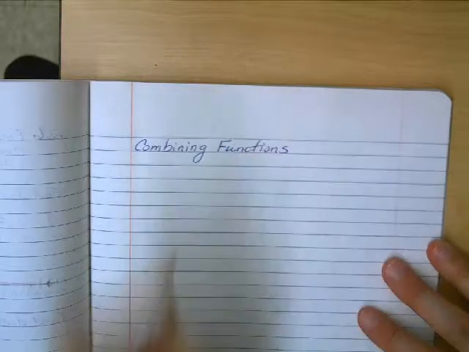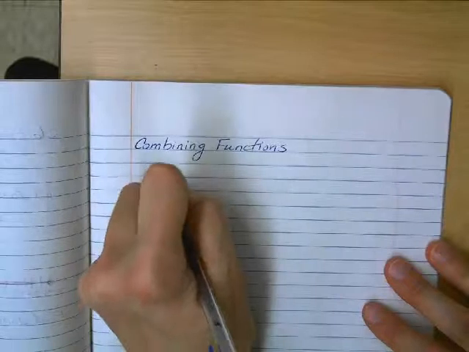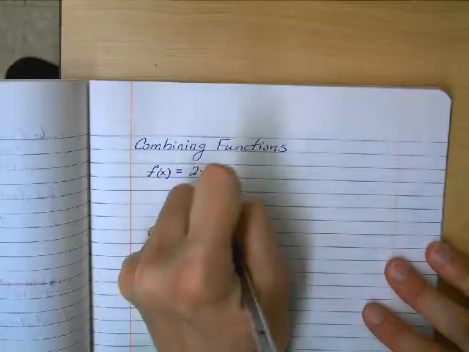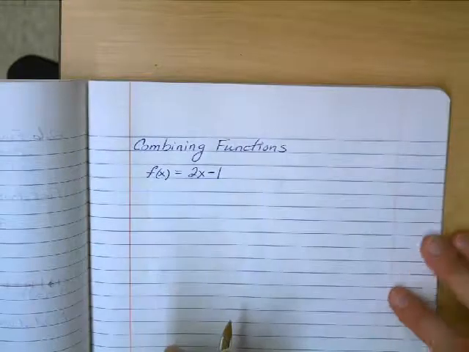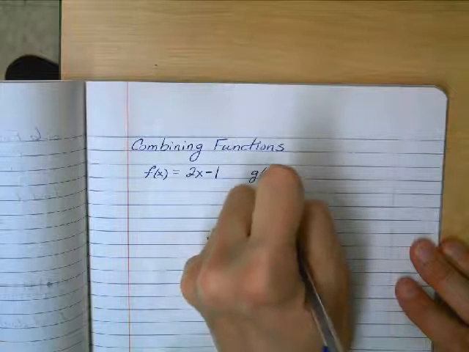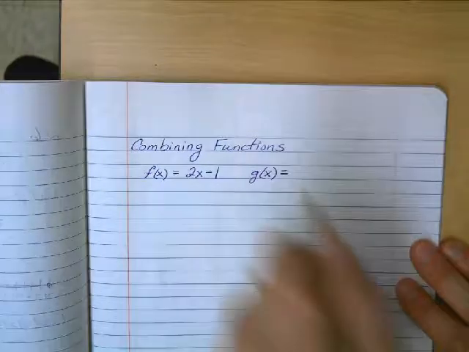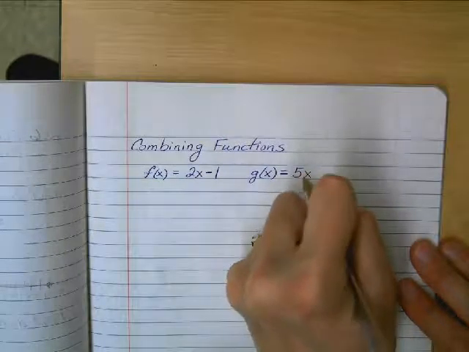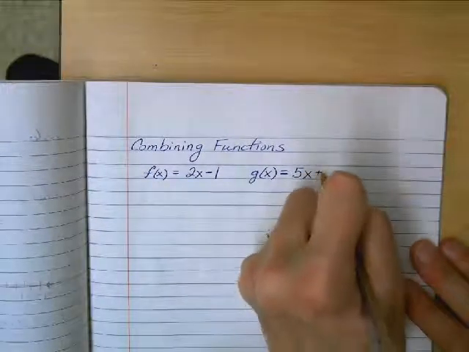Well, they're going to give you two functions, like f of x equals 2x minus 1. And then they'll give you another function, g of x, and it is 5x plus 3.